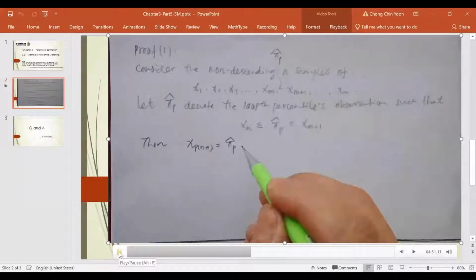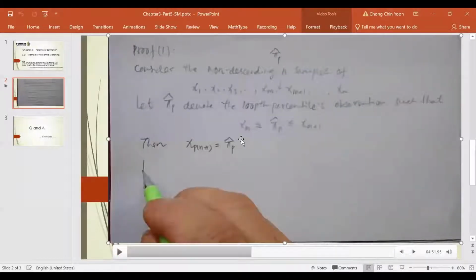How do we get this result? So remember, this is our observation. Pi p is our observation. So under this p percentile, the x at this value is equal to this pi p observation.